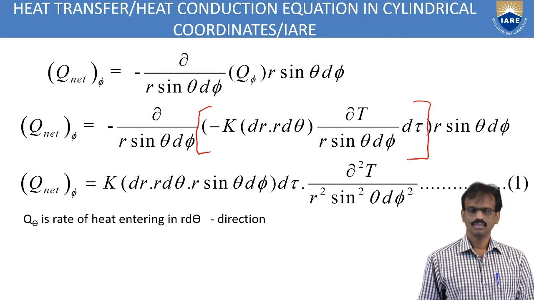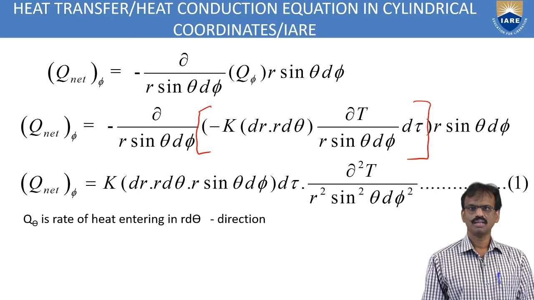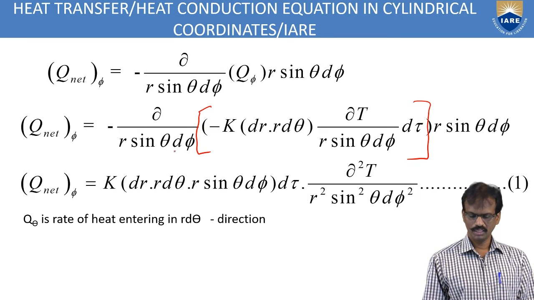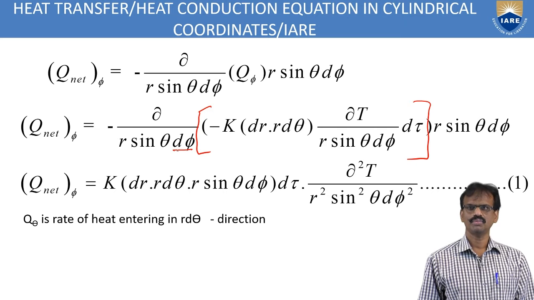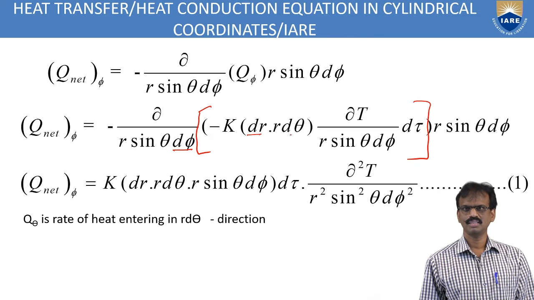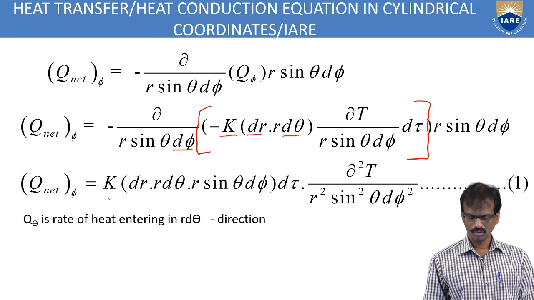So this is minus dou by r sin theta d pi. So here, derivative with respect to d pi. Okay. So with respect to d pi we have to take the common terms. Here with respect to d pi, dr is constant, d theta also constant, k also constant. So take this term out.